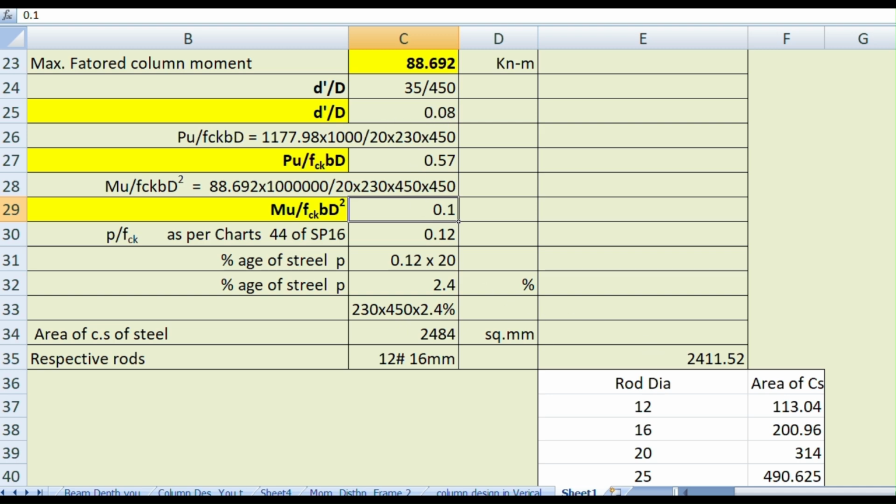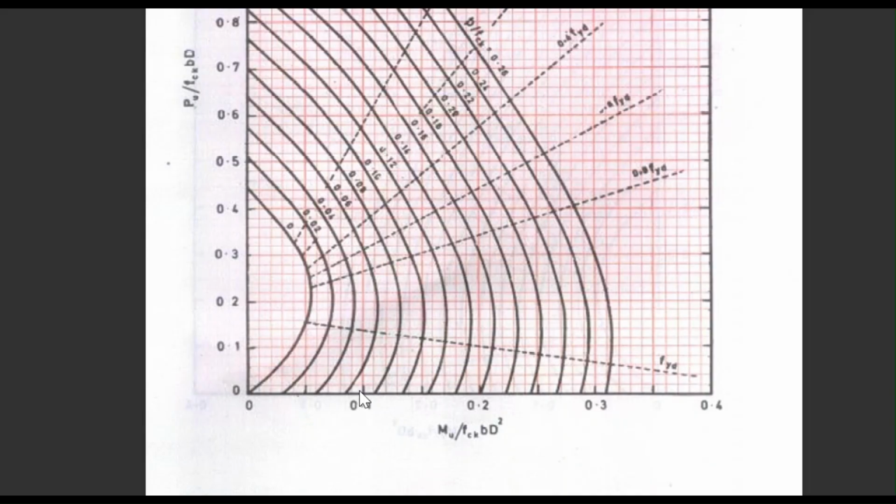Now we go to the tabulation: 0.1 we are going to calculate, and for this 0.57 is the vertical column value.